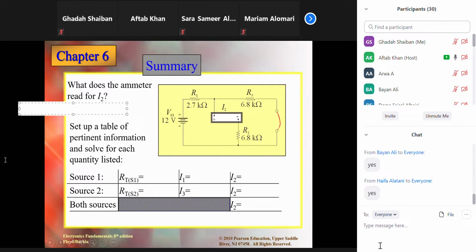So you can say simply RT, I'm saying RT1 or RTS1, whatever. So R2 is parallel with R3. All right, first it is this way, then it is going to be summed with R1. Calculate this much, how much are you getting.